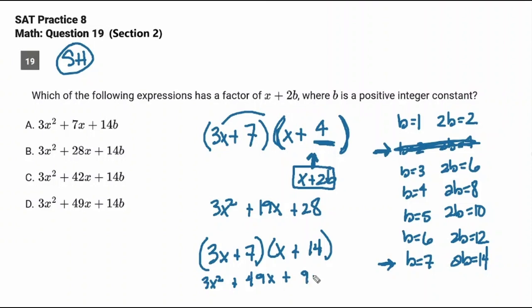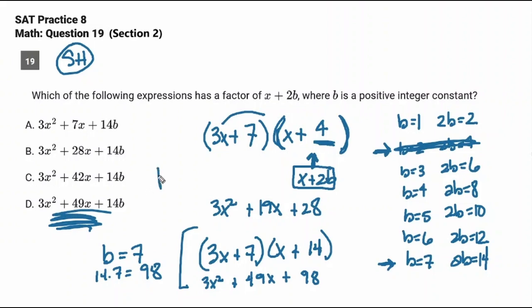You get 98. Okay, do we hit a bingo here? Well, hey man, we do get a 49x. That's good. What is our b? b is 7. 14 times 7, and that's 98. So the key to the whole problem is sevens. This makes everything work. We have an answer that fits it. It's D, and we get it right, and we move on.